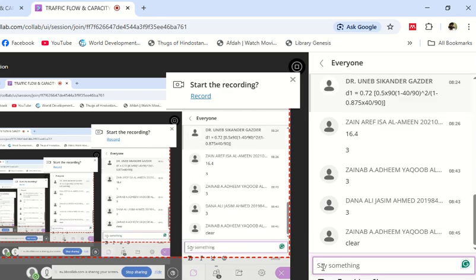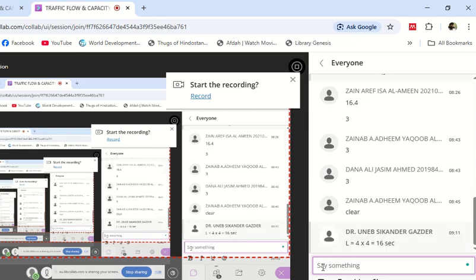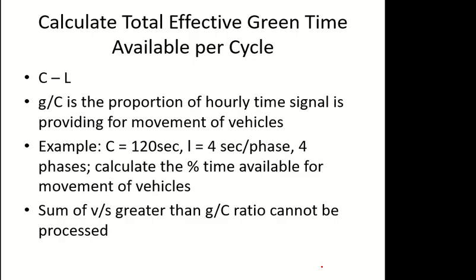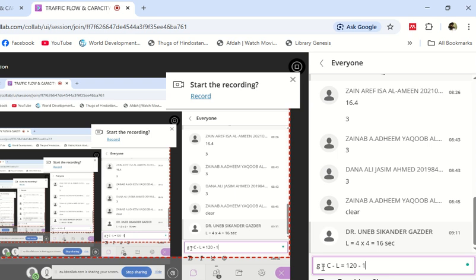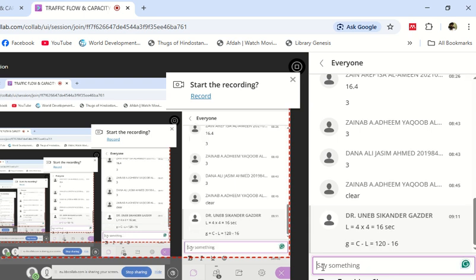First of all, I will calculate my total lost time. So 4 for each phase into 4 phases, so 16 seconds of total lost time. Then total effective green time is cycle length minus total lost time, which is 120 minus 16. So my total effective green is 104 seconds.